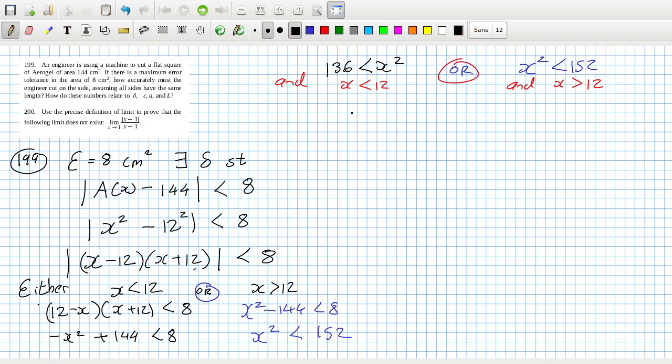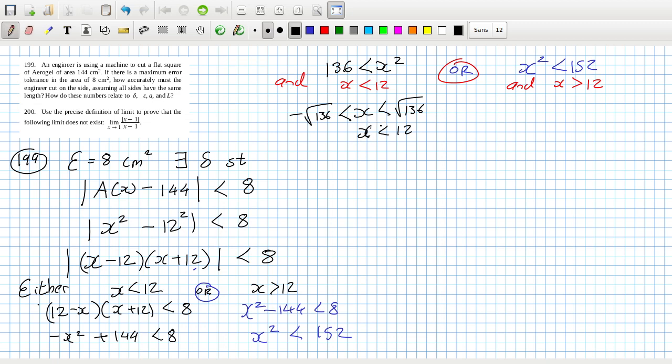So we'll have x is between minus root 136 and root 136. But also x has to be less than 12. So basically this would push up to 12 then.